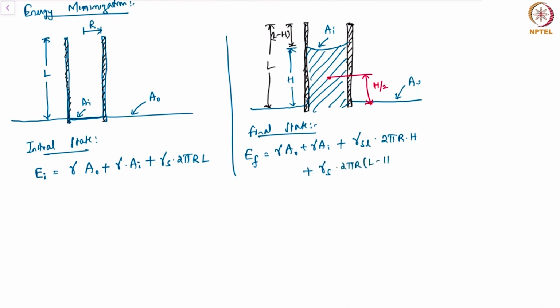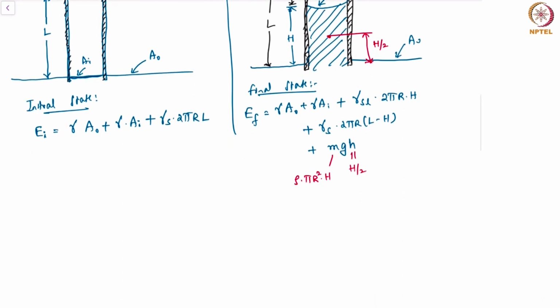Now L minus H is the only one which is exposed to the air above. That's a dry portion of the solid. We also have to take into account the potential energy. The potential energy would be mg small h, and the small h is nothing but capital H by 2. Mass we already saw here. This is density times the volume. That will be pi r square times H.